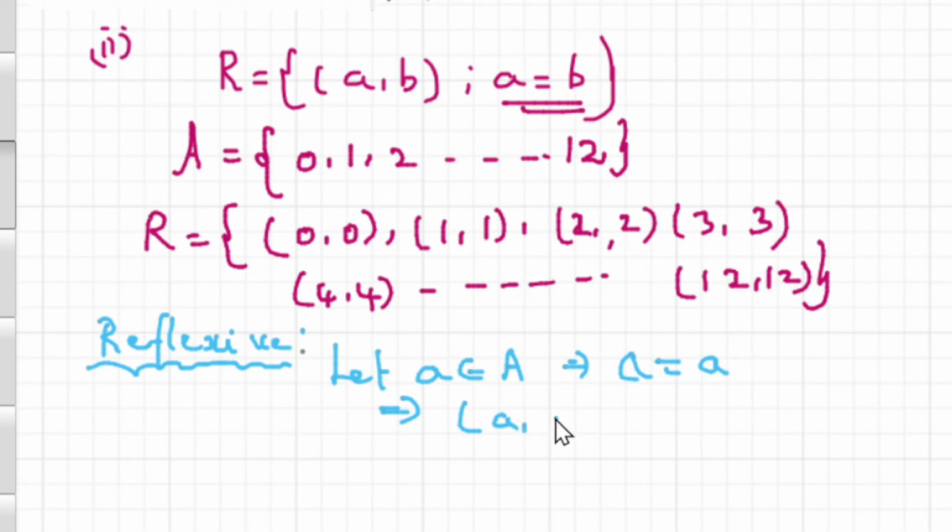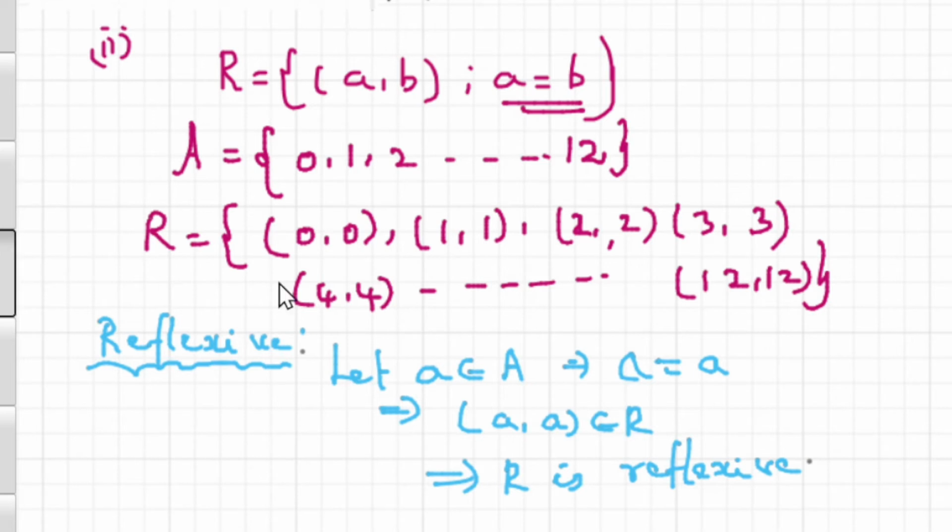So A comma A belongs to R. That implies R is reflexive.